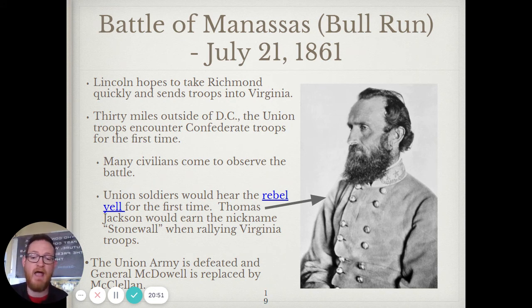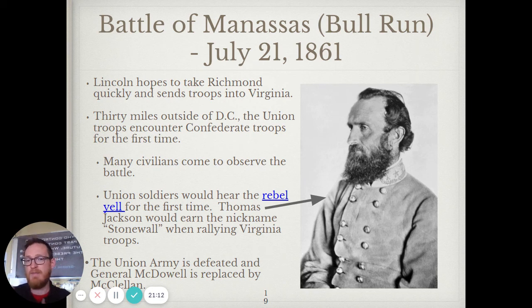Also famously during this battle, Thomas Jackson would earn the nickname Stonewall when rallying the Virginia troops. And a commander would look and say, look at the Virginians, look at Jackson standing there like a stone wall. And that's where he would get the nickname. And again, he would be very important to the Confederate war effort up until his death.